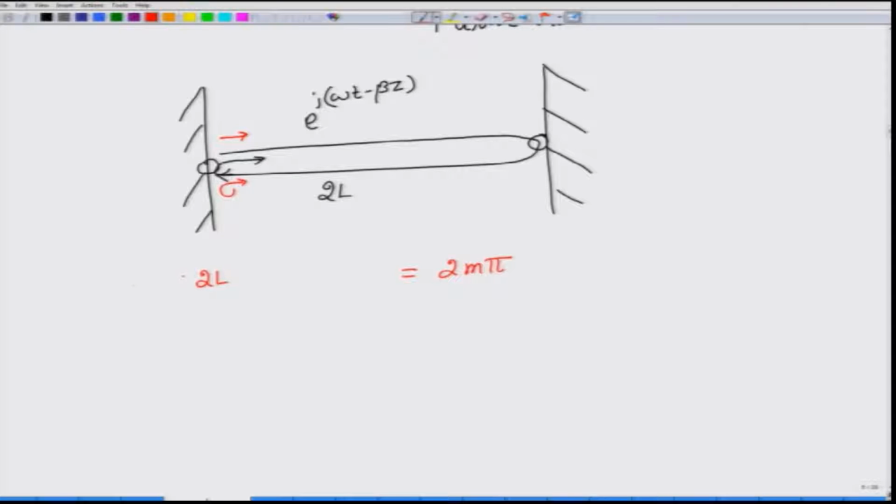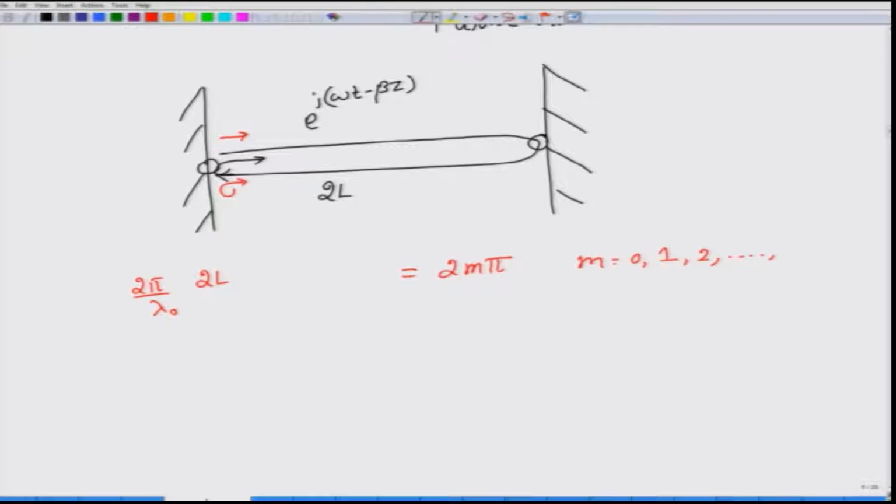Beta is the propagation constant, which can be written in terms of the wavelength as 2 pi by lambda 0, lambda 0 being the operating wavelength of the radiation here. So 2 pi by lambda 0 into 2L must be equal to 2 m pi. m can be 0, although because of the propagation the first number would be 1, and then 2 and so on.